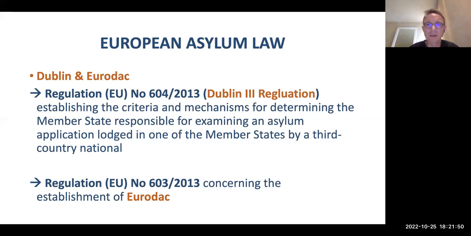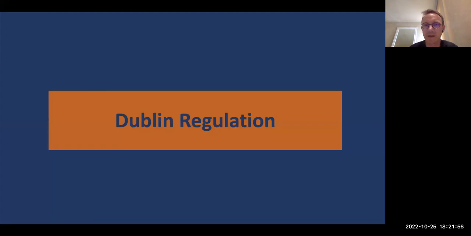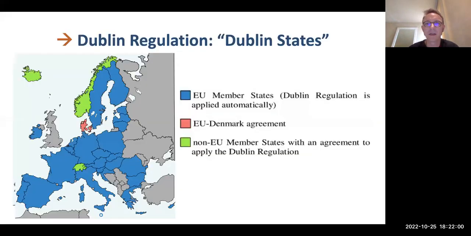Okay, I think that's basically my quick recap from last week. Let's enter straightforward now into what it actually is, the Dublin regulation. Here you can see the adapted list of the Dublin states. You can see all the states. The UK has been part of this, but is obviously going out with all the Brexit.